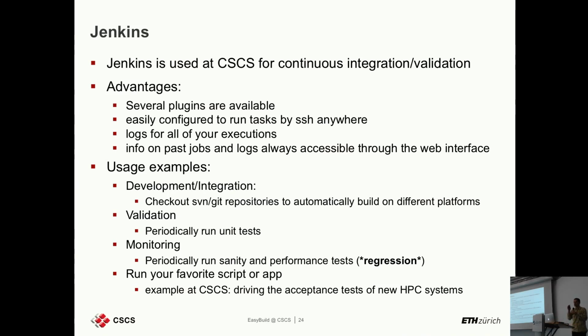So we start from the EasyBuild recipe to the regression test for the application that we are building, plus the integration with the Cray performance and analysis tools in order to retrieve performance metrics of the tests that we've been running in the regression. That can all be done within Jenkins, and that's helpful because you don't need to rely on a specific person. You have a Jenkins project. If the person is not there, it will be run by somebody else.